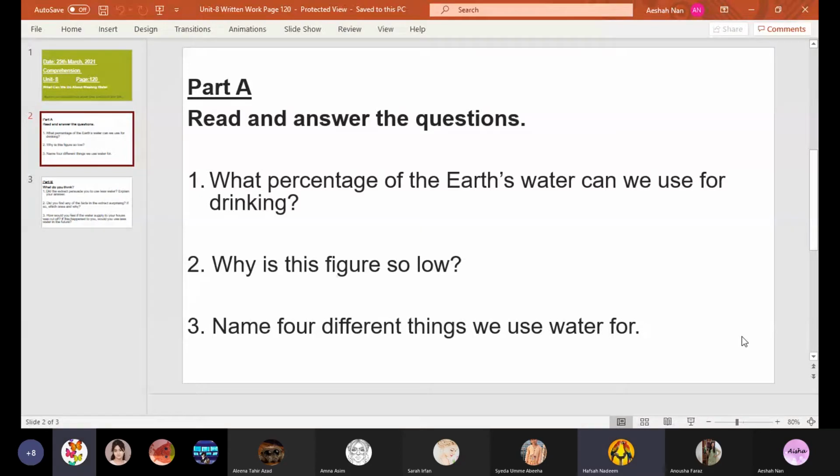Teacher, I'm done. The answer is that the figure is low because most of the water on earth is salty. Yes, correct.